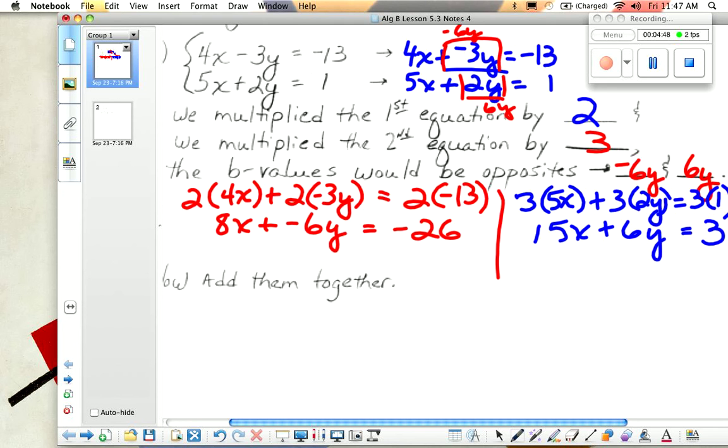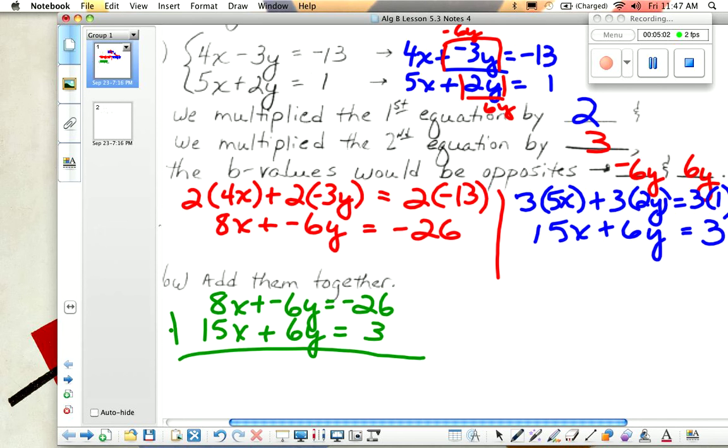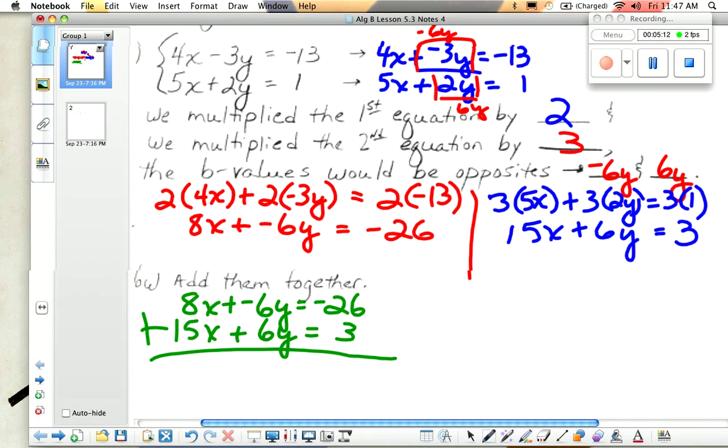So now we'll line them up as an addition problem, and we'll do what we've been doing for days now, solving for x first.